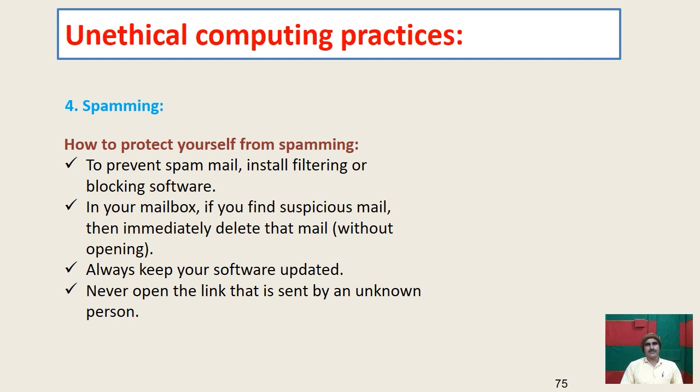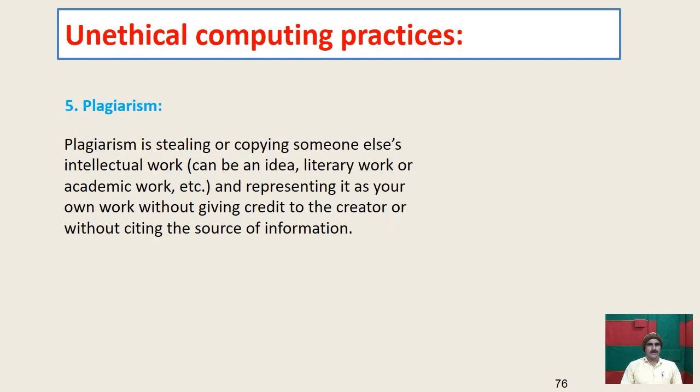Now, how to protect yourself from spamming? To prevent spam mail, install filtering or blocking software. In your mailbox, if you find suspicious mail, immediately delete that mail without opening it. Always keep your software updated. Never open a link that is sent by an unknown person.